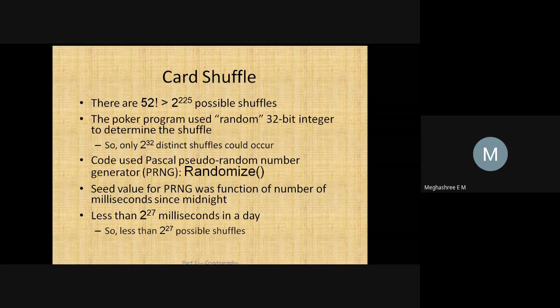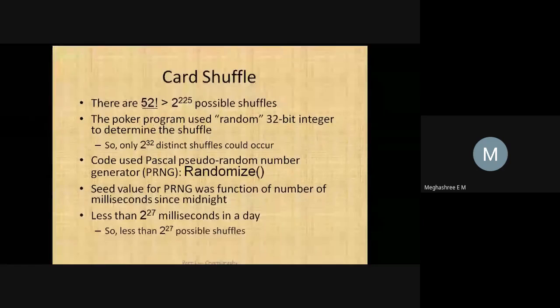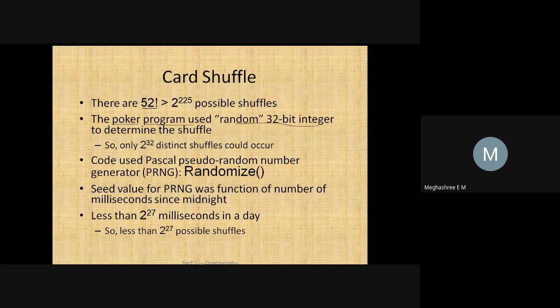So out of a 52-card deck, you can shuffle 52 factorial ways. This ASF poker software used a program which used a random 32-bit integer to determine the shuffle.